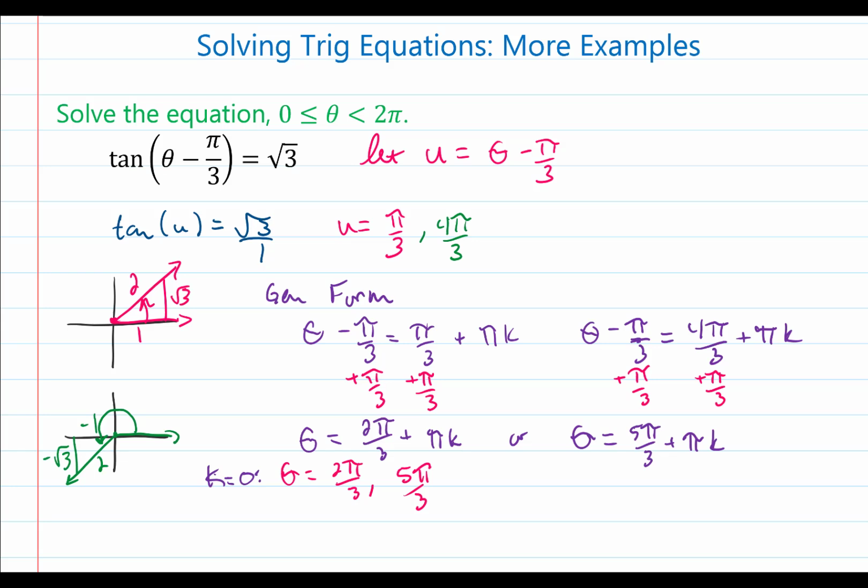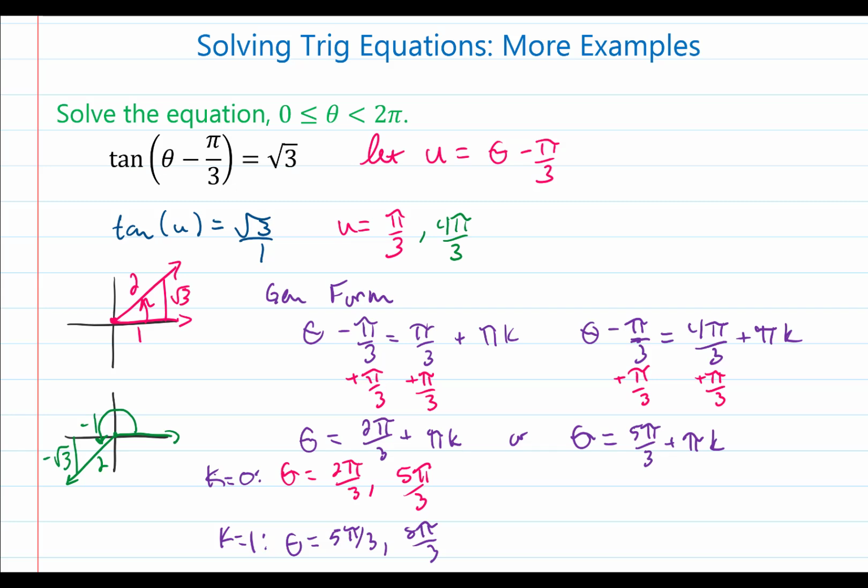Now we keep going and we go to k is equal to 1. And so when k is equal to 1, we're going to take 2 pi over 3 plus pi, which is 5 pi over 3. And for the second one, it's going to be 5 pi over 3 plus pi, which is going to be 8 pi over 3.